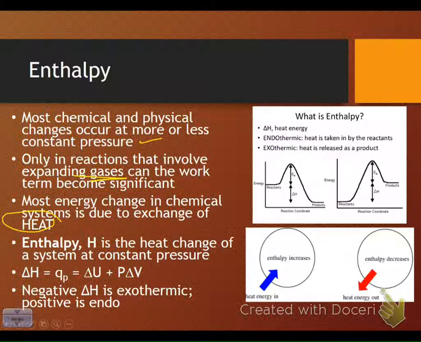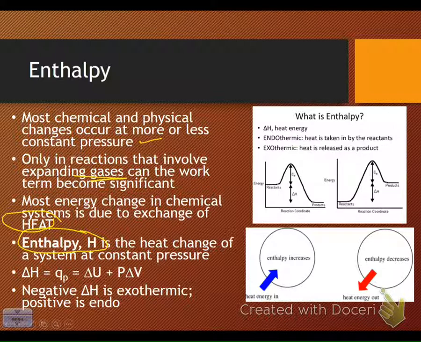So we have a new term, enthalpy. Enthalpy is defined as the heat change of a system at constant pressure. If we have that constant pressure, then we don't have to worry as much about the work term, but we can use P delta V to take care of those gases that are expanding at a constant pressure.